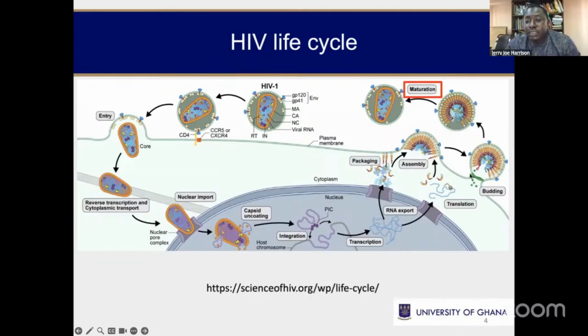When assembly is complete, the new virus buds off the surface into an immature virus where under microscope it appears spherical. During that process, a protease, which is encoded in the Pol gene, gets activated, and that protease goes about cleaving all the polyproteins that have been produced from the viral RNA. And the capsid that is produced thereafter rearranges itself into this fullerene cone. And now the virus is ready to reinfect new cells.